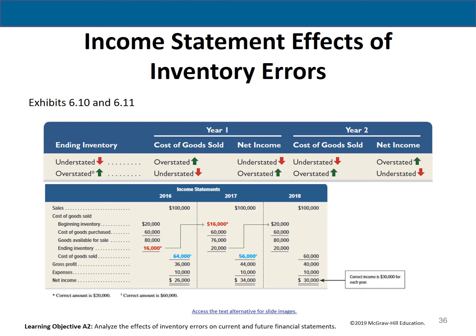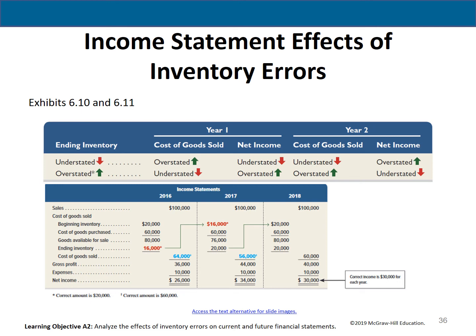That's going to affect our cost of goods sold and our net income in year one. And then it's also going to affect year two. So that's what they're showing you, that errors in inventory will affect cost of goods sold and net income.